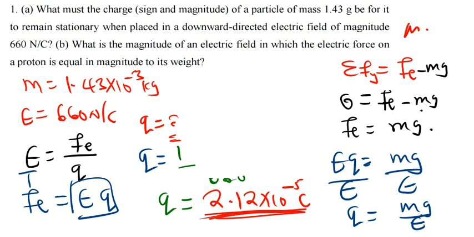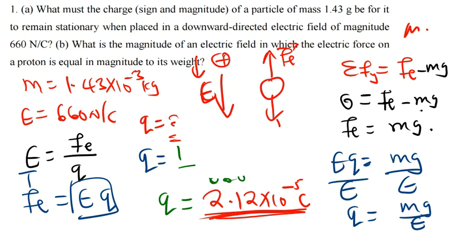The electric field is going in that direction, and one thing we have to remember is that the positive charge will go in the same direction as the electric field. The negative charge has to go in the opposite direction. The electric force is in that direction, and here we have mg.